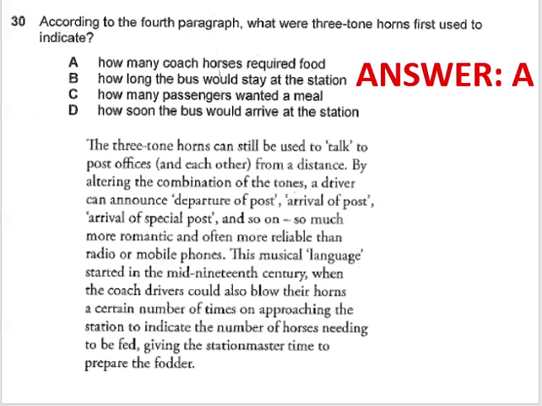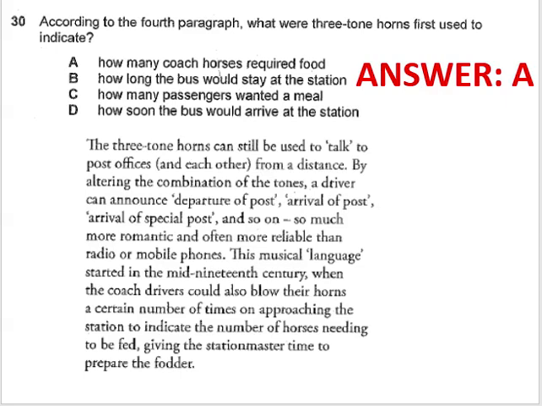By altering the combination of the tones, the driver can announce departure of the post, arrival of the post, and arrival of special post, and so on. Wow. So by changing the tone of the horn, people were able to communicate what was happening. So that is one.